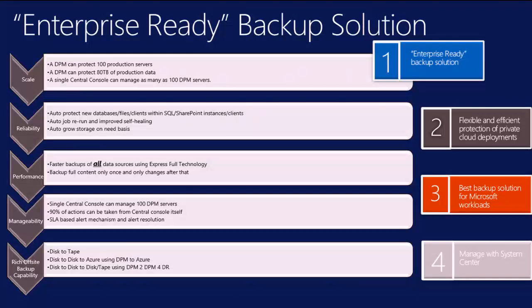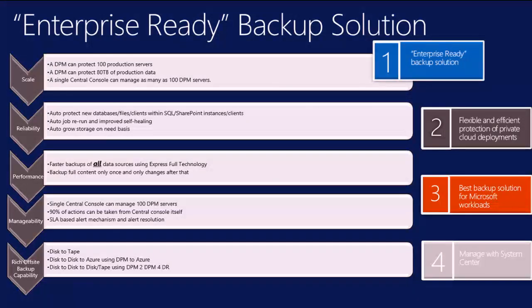You talk about the reliability, DPM can not only efficiently back up, but also it can re-trigger the jobs and resolve the problems of running out of space, automatically expanding it. Auto-heal capabilities help you in giving peace of mind when you are protecting. Rest assured that you deploy a DPM server, rest assured that you have the protection going on smoothly, and we'll raise the alerts when something really goes bad where we are not able to resolve it as DPM.